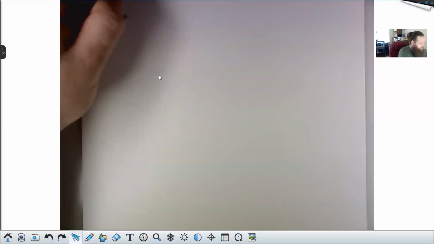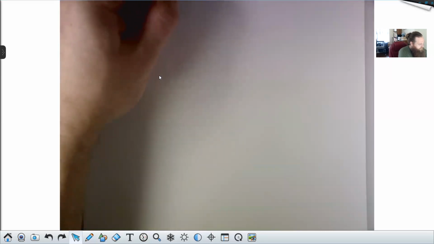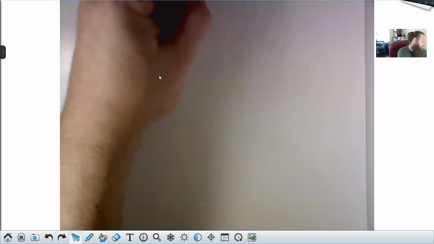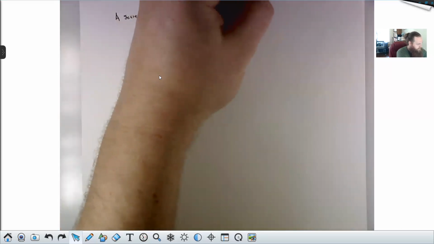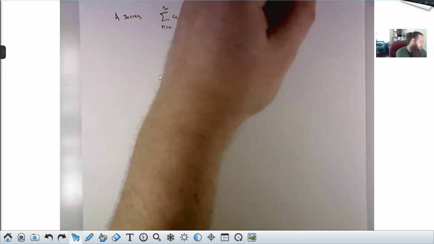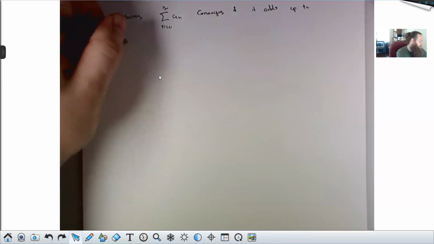Remember, a series, the sum from wherever to infinity, is said to converge if the limit of partial sums is finite. I'll just say if it adds up to a finite amount, a fixed finite value.